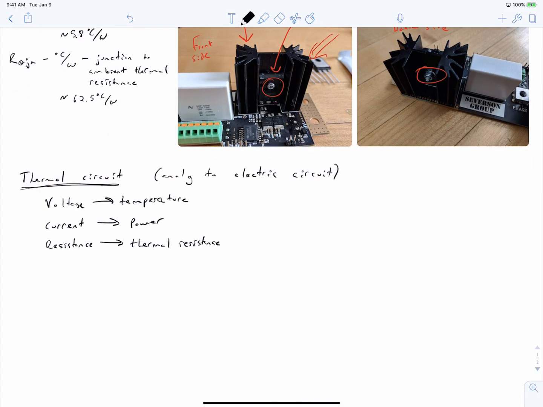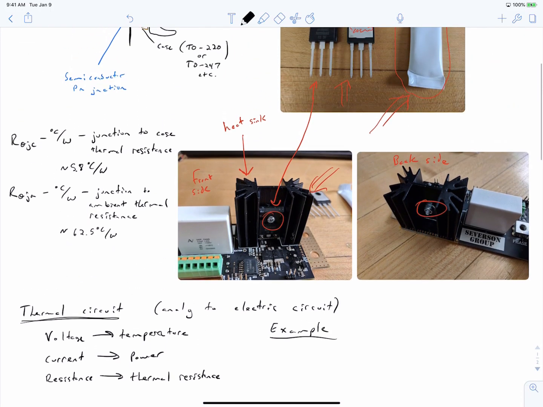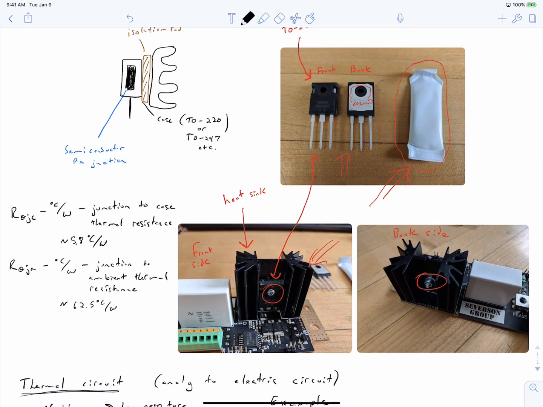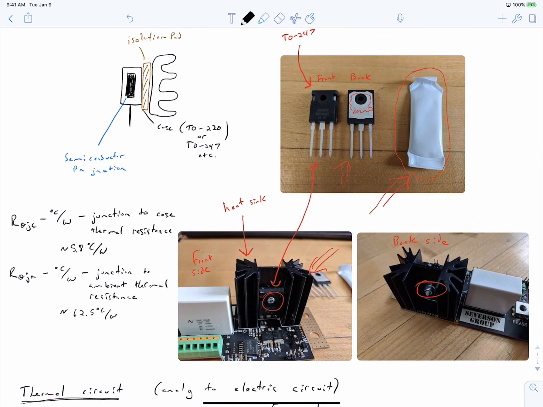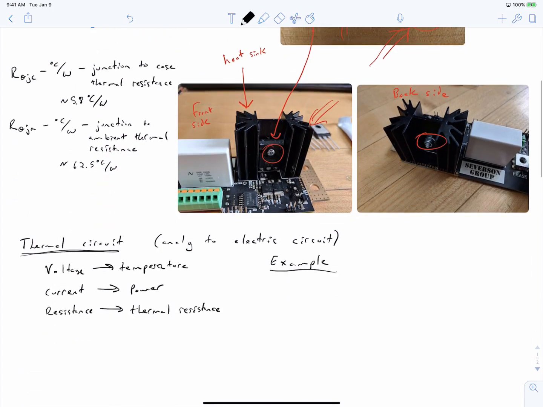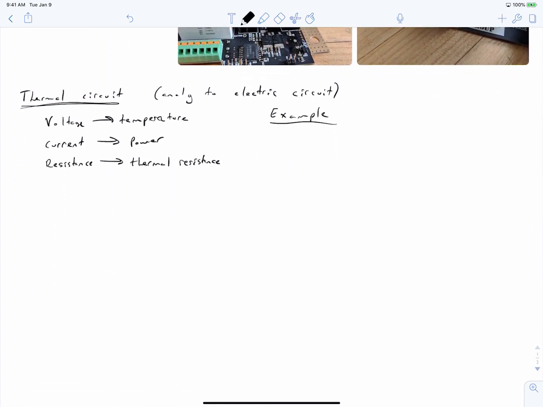So let's consider an example now. We're going to consider the simplest case, where we take this actual MOSFET that we've been discussing from our previous lecture, operating near its rated point, at which point RDS on was 20 milliohms, and we have 20 amps of DC current flowing in our drain, which is approximately the rated current, and we have an ambient temperature of 25 degrees Celsius.